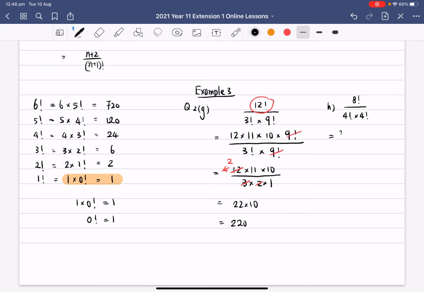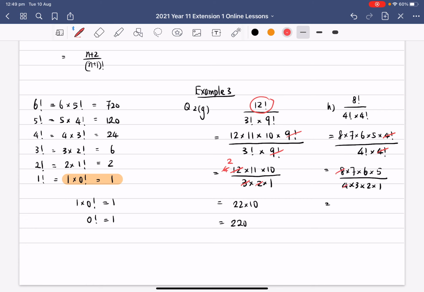So we do 8 factorial is just 8 times 7 times 6 times 5 times 4 factorial. That way we can cancel one of the 4 factorials there, and then we can simplify the expression. 4 factorial is just equal to 4 times 3 times 2 times 1.